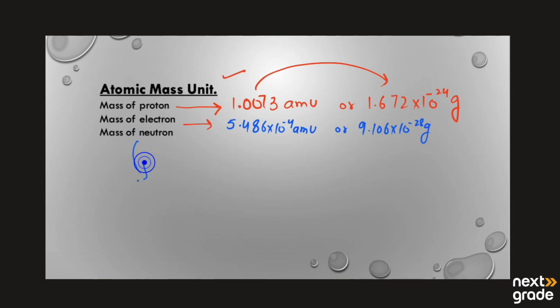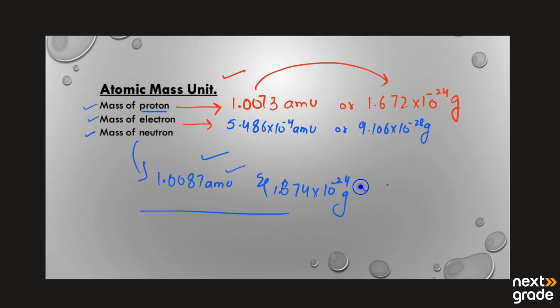For the mass of neutrons, it is almost equal to the protons, that is 1.0087 AMU, and in grams it is 1.674 into 10 raised to power minus 24 grams. So these are the masses of proton, electrons, and neutrons in atomic mass unit as well as in grams. That is important from the MCQs point of view.